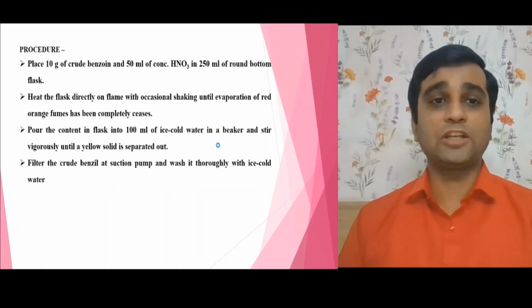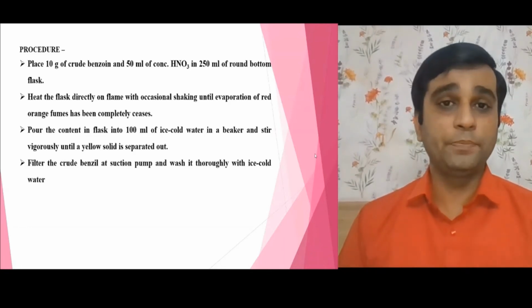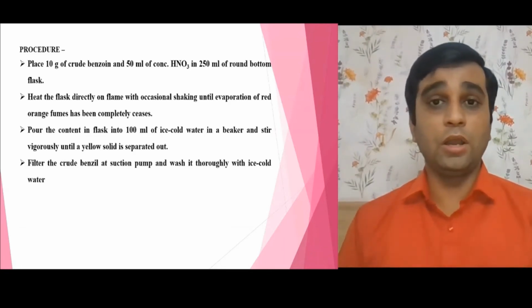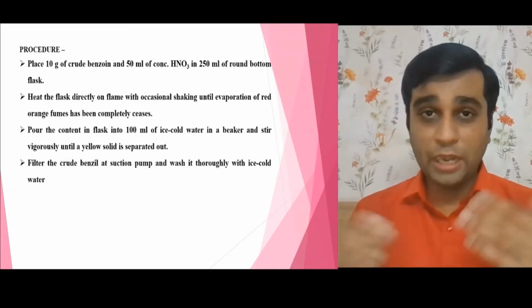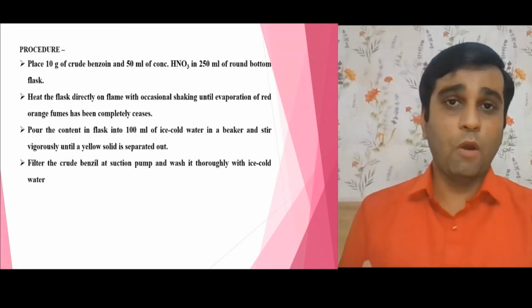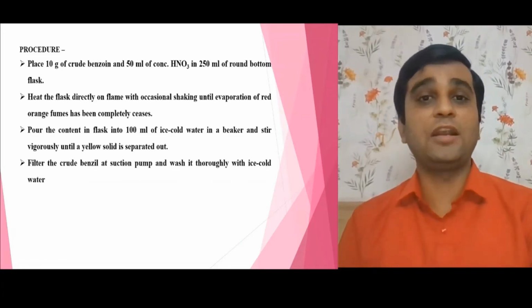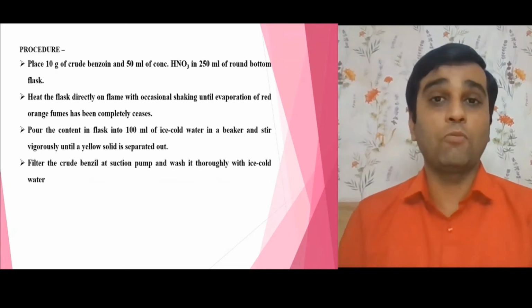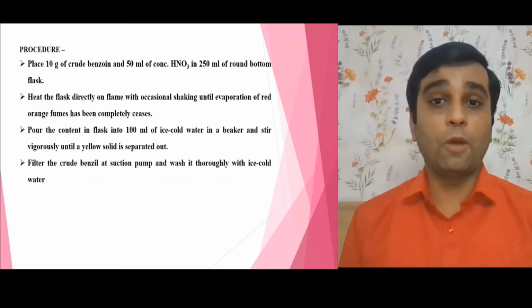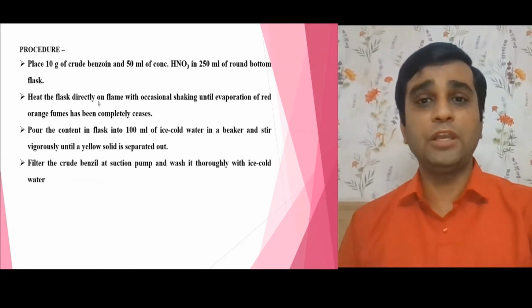As far as the procedural aspect is concerned, you have to take a certain quantity of benzoin. You can use dilute nitric acid, but the rate of reaction is always high when we use concentrated HNO3. So we add concentrated HNO3 in the conical flask, or a round bottom flask if you have taken one, no problem. Once you add it, you apply heat directly on the burner.